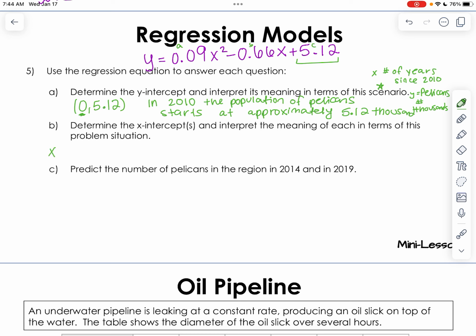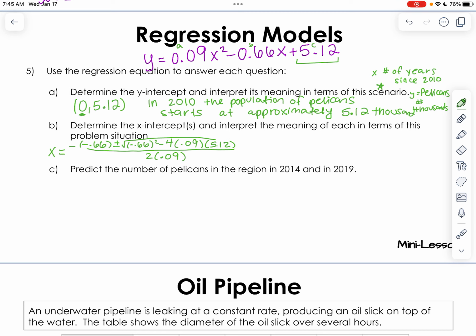So if x equals negative b plus or minus the square root of b squared minus 4ac all over 2a.